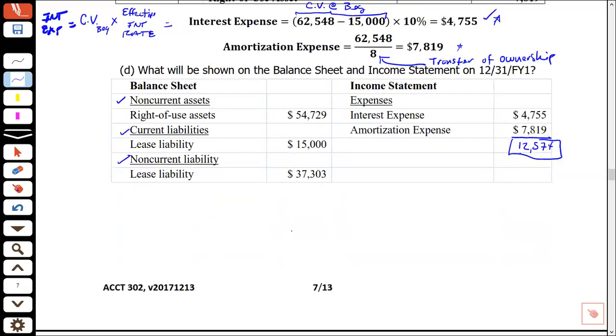So let's think about this. 62,548, and then we took out 15,000. Excuse me. I have to stop smoking that 5 packs a day. All right, 62,548 minus 15,000, so we got 47,548.